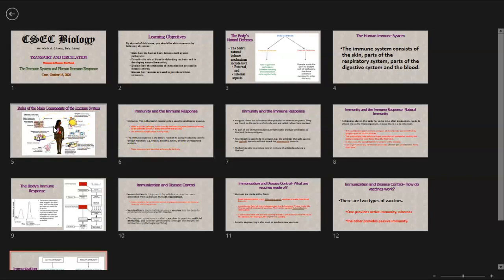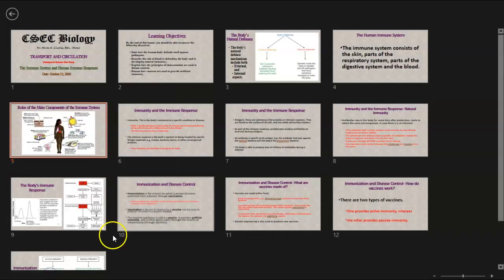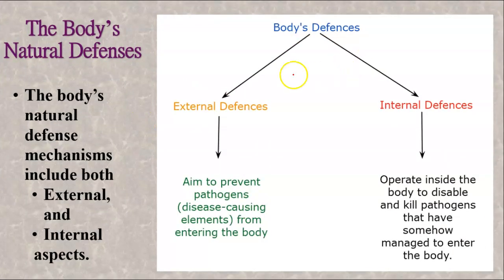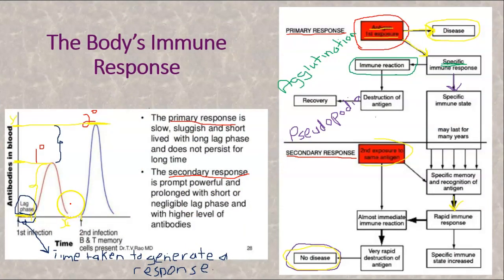Key slides are slide number 5, this slide that speaks of the roles of the main components of the immune system. We also have slide number 3, which talks about external defenses and internal defenses. Then we have slide number 9 with the diagrams on the body's immune response, which elaborates on natural immunity, the primary response and the secondary response.